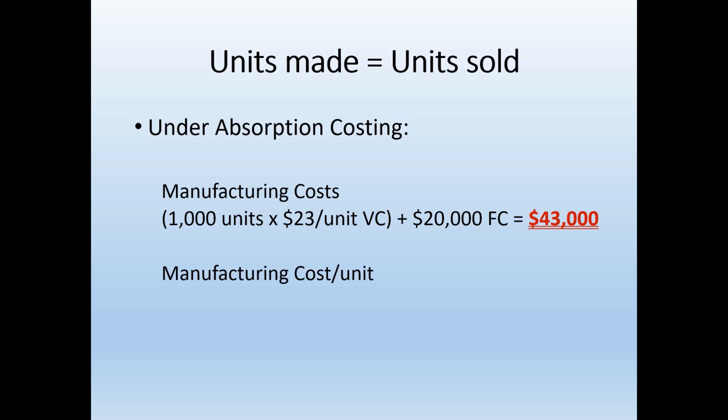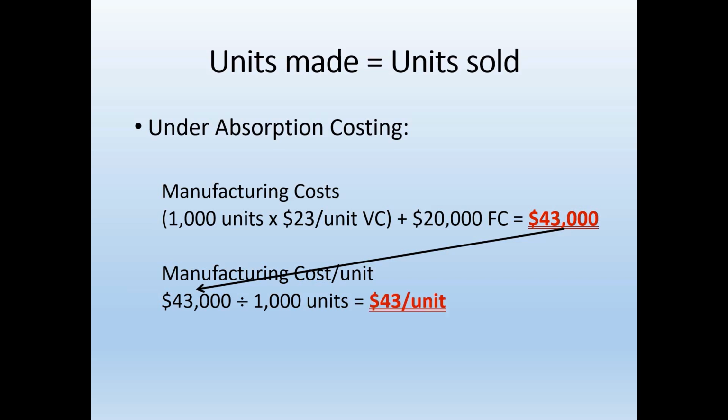That means that the manufacturing cost per unit in October would be the total manufacturing costs divided by the 1,000 units that the firm made. That is $43 per unit.